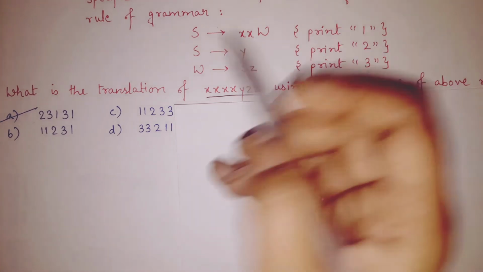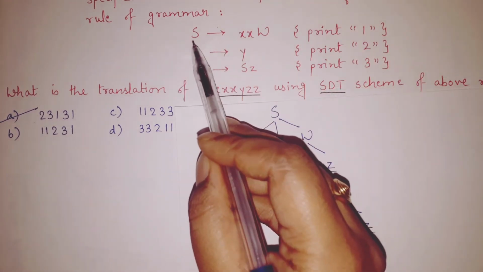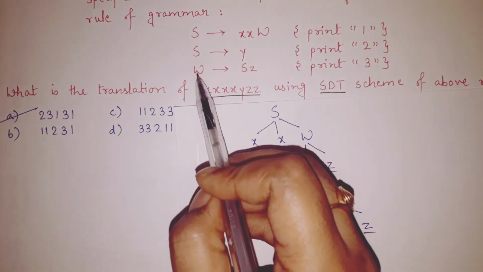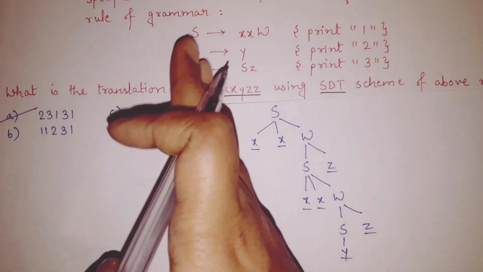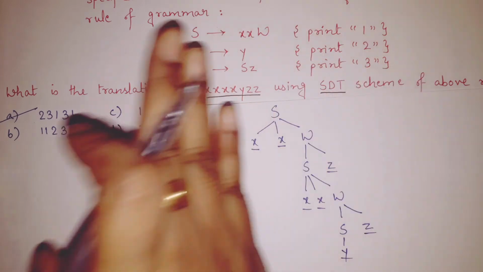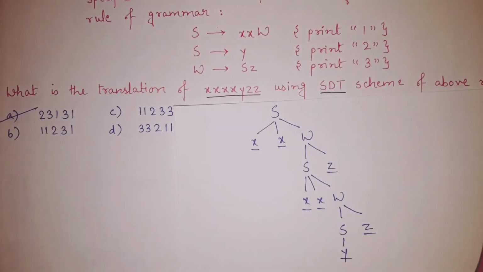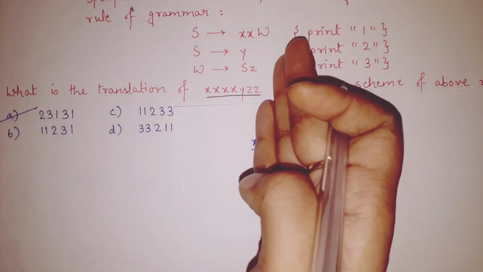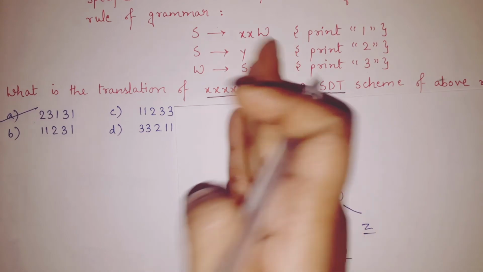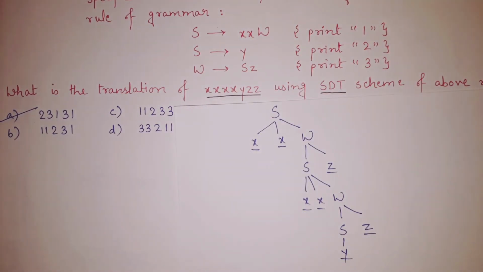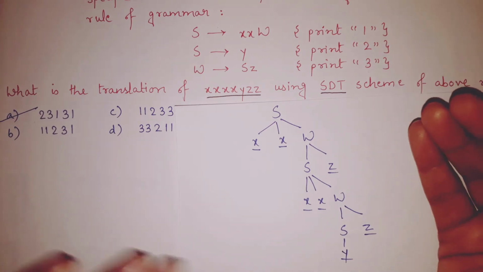Let me tell you. Whenever we are moving forward, like S gives XXW, S gives Y, W gives SZ, whenever we are going from left to right, that is a normal move. But whenever we are moving opposite, like XXW to S, Y to S, SZ to W, in these cases it is known as a reduction move.